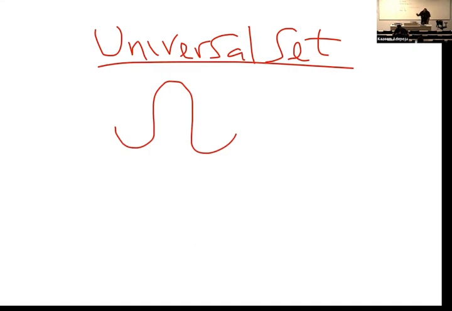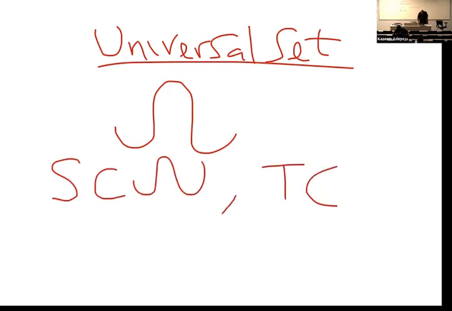Now if I write this and I write this, we have two sets, set x and set t, and they are subsets of the universal set. For instance, I'm going to call the universal set here United States.